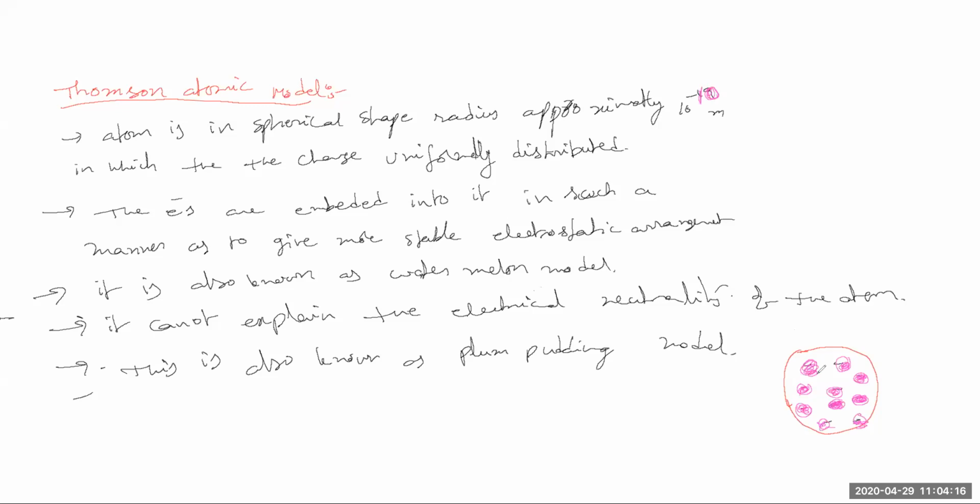Now this is the positive charge. The rest part is the positive charge uniformly distributed in this diagram.